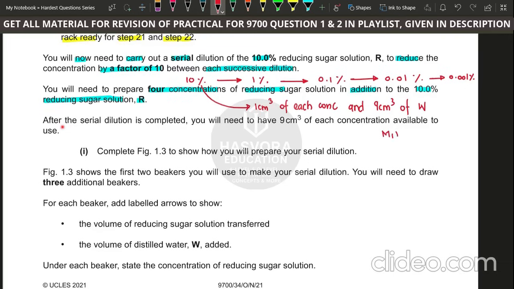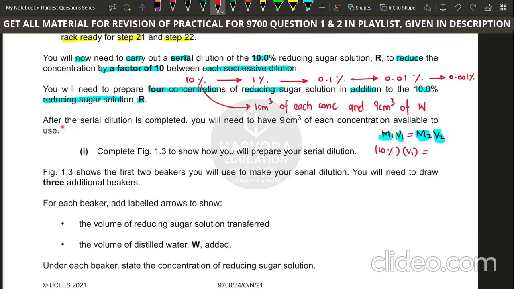And if you cannot understand it like this, you can just apply the formula M1 V1 equals M2 V2. Here M2 is the concentration that you want to prepare, V2 is the total volume that you want at the end, M1 is the concentration that you are using, and V1 is the volume you have to use of that concentration. For example, M1 which I'm using is 10%, and I do not know how much volume I need to take out, so it is V1.